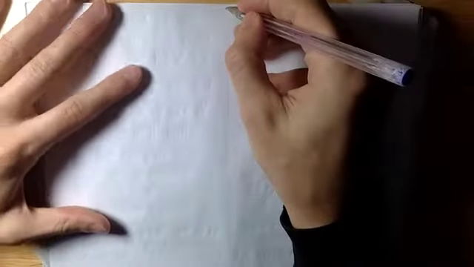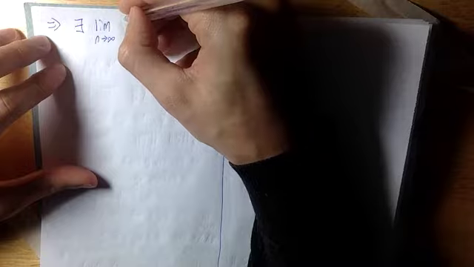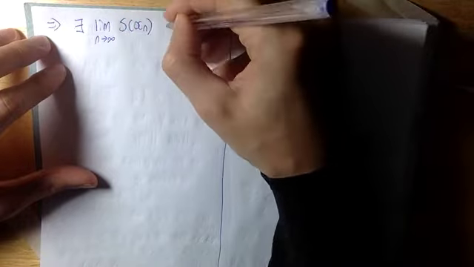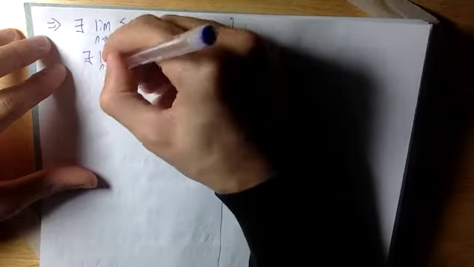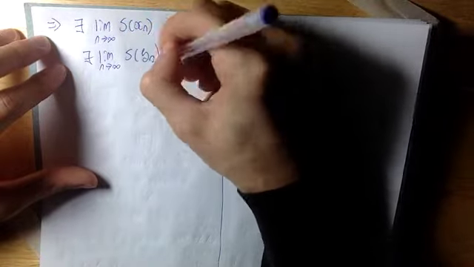So this implies that the limit when n goes to infinity of S of xn exists, and the limit when n goes to infinity of S of yn exists.